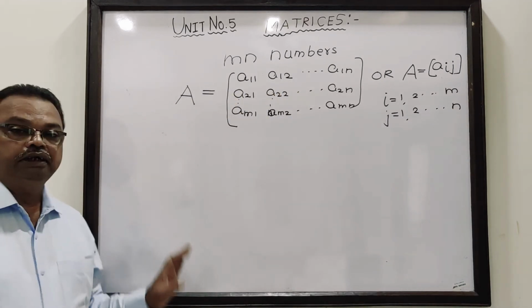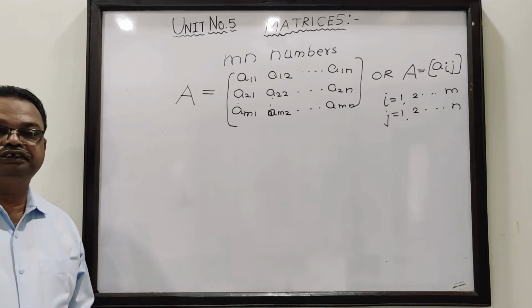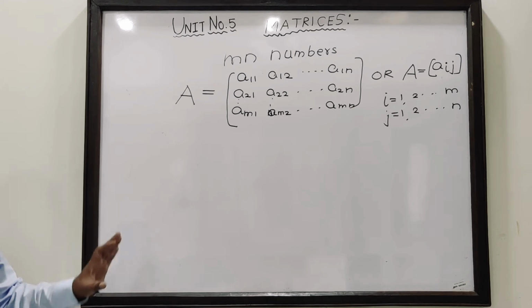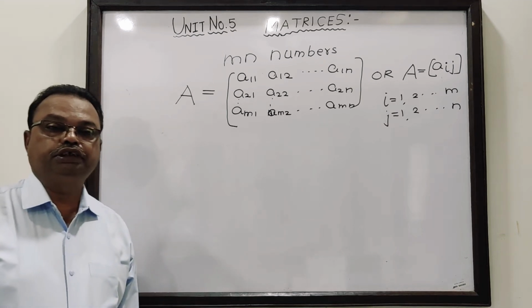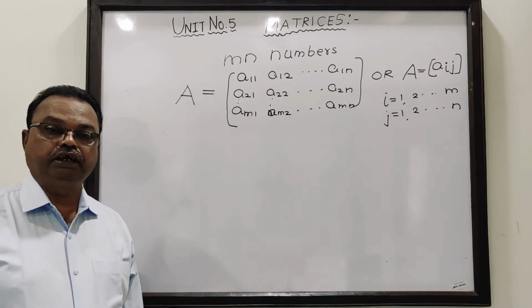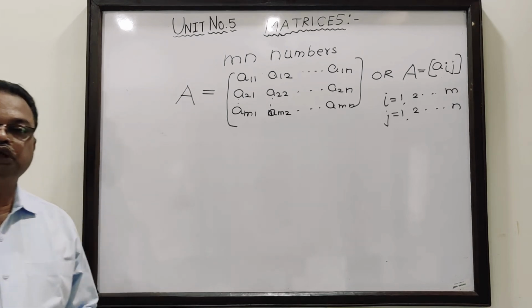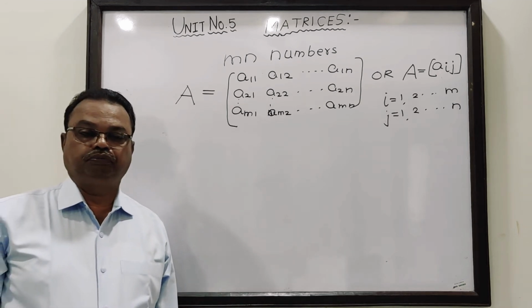Then in your 12th standard, you people have studied simple information regarding the matrix, just a definition, then types of matrices and how to apply them for solving the system of linear equations. Of course, there were 3 equations in 3 unknowns, and whatever solution you found there, it is a unique solution.